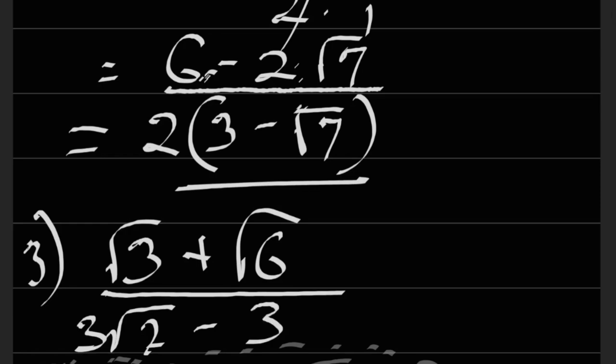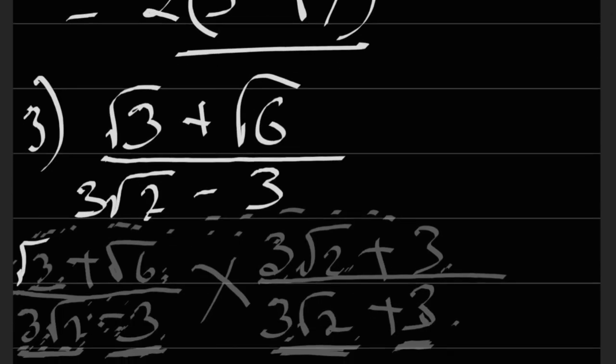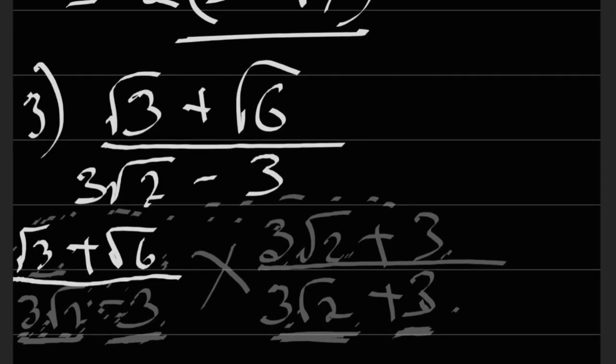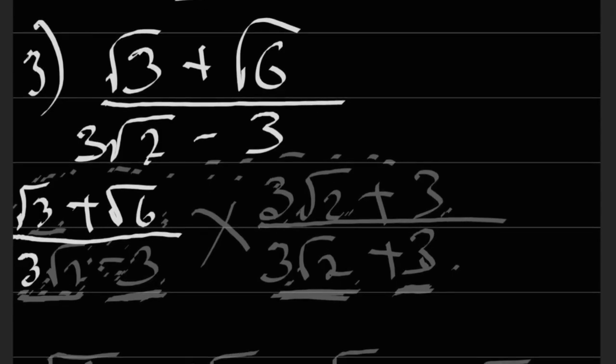Let's get the conjugate of this. This will be root 3 plus root 6 over 3 root 2 minus 3.